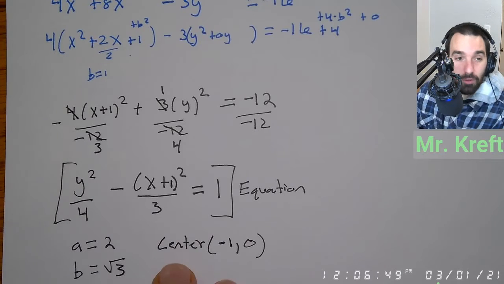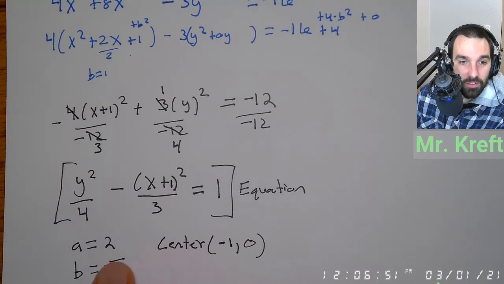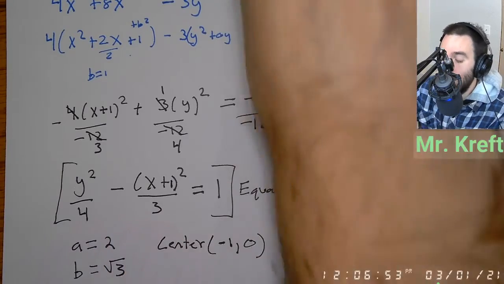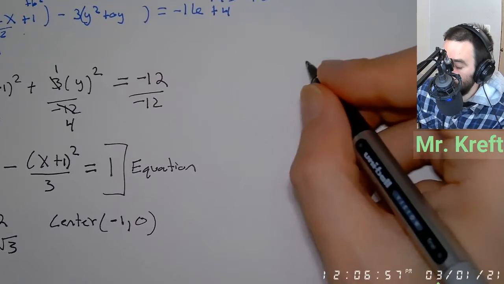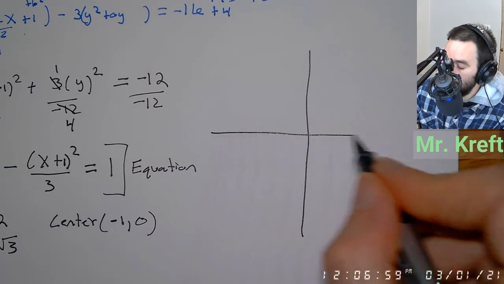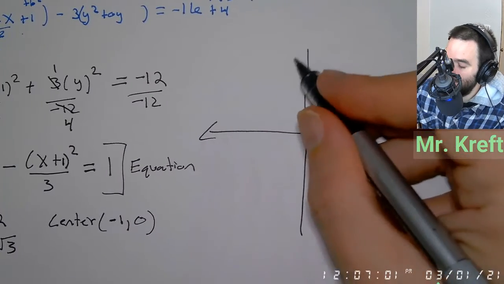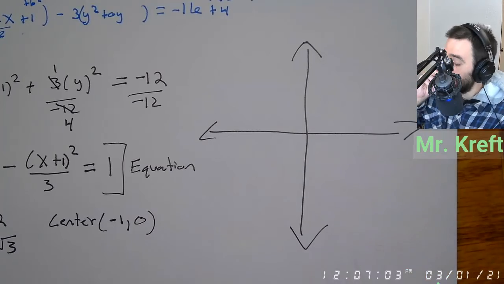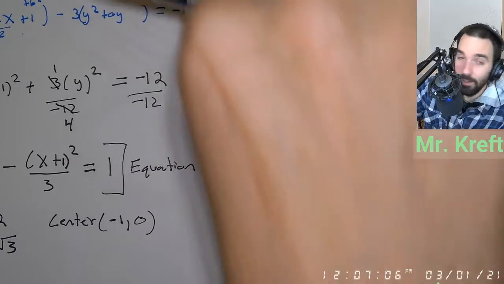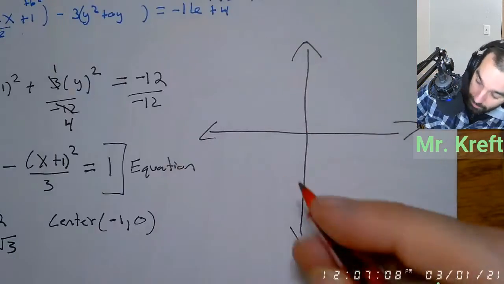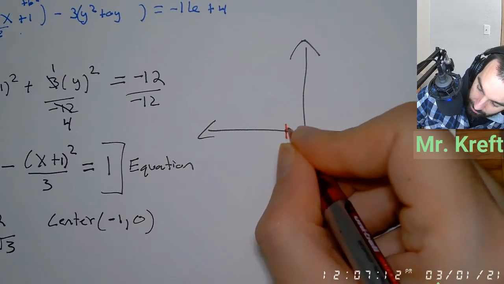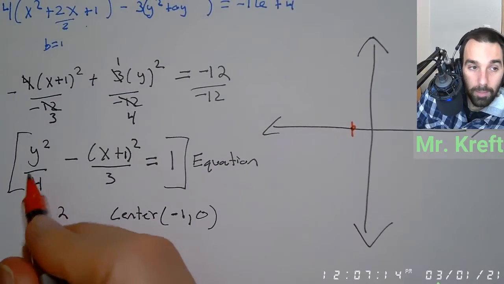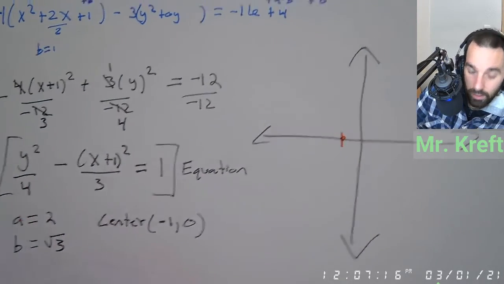So this is the information right down here. This is the information that I can get from the equation. We need to draw a graph because we're going to get everything else from this. So I'm going to go like this, make it nice and big because like paper, right? Who cares about the environment? Okay. That was sarcasm. My center is at negative 1, 0. So here's my center. I see here that my major is with my y.